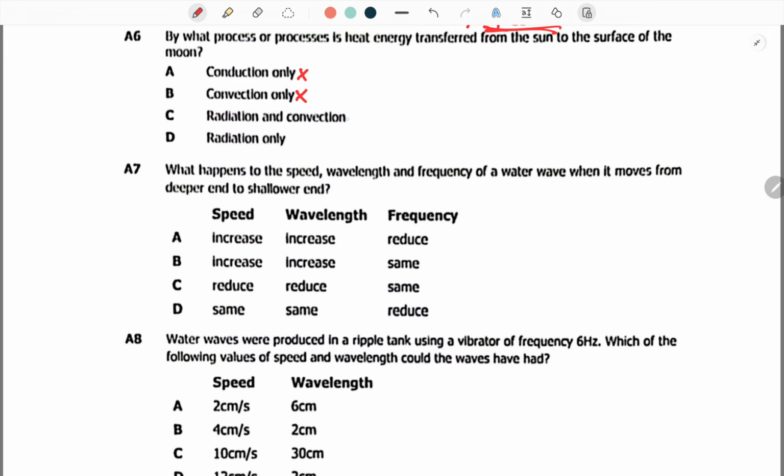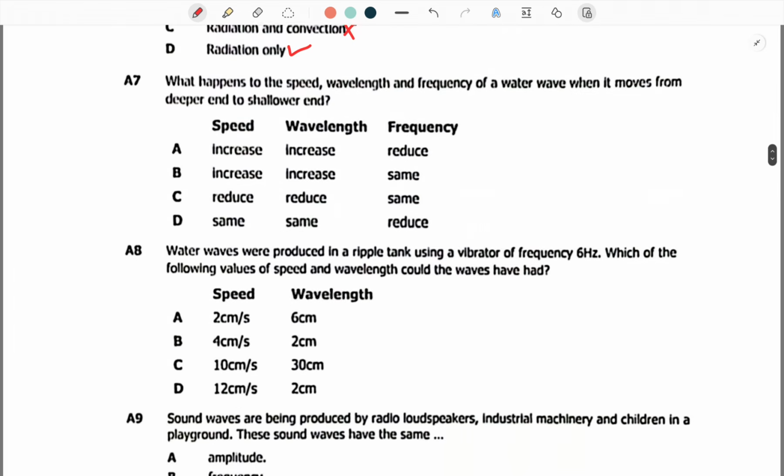Radiation and convection, no. Radiation only. So of course by radiation, that is exactly how energy is going to be transferred from the sun to the moon. This was actually a very simple question which does not really need you to think.